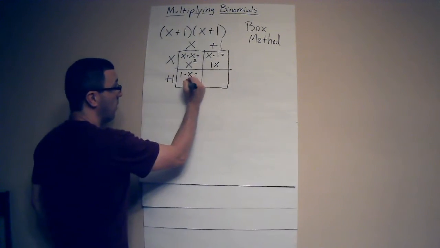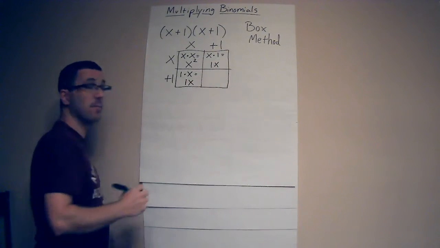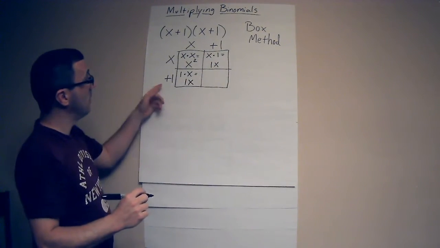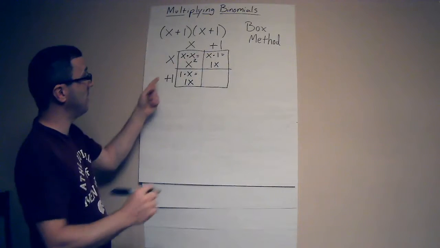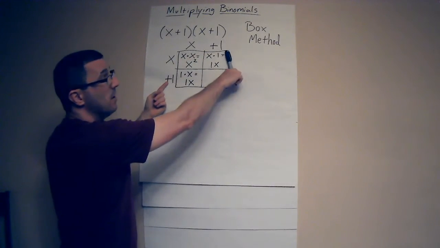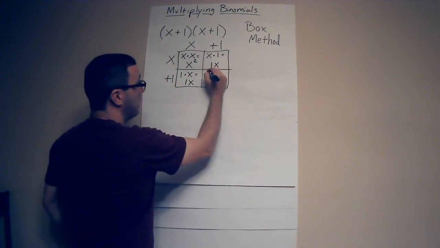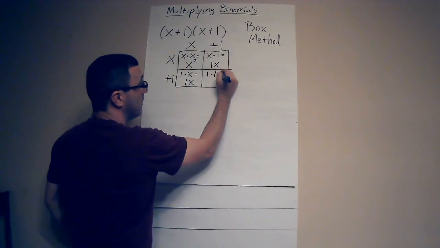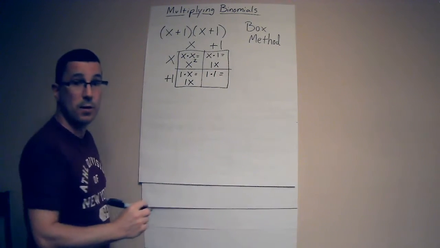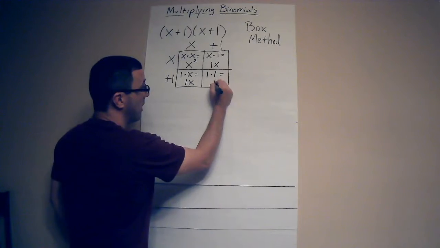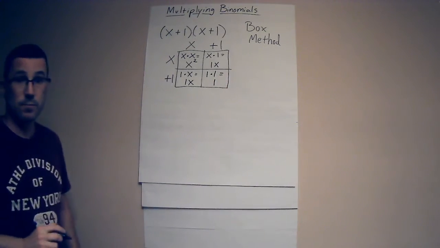So 1x. Okay? Then I go to this last box here, and I have a plus 1 times a plus 1. So I have a positive 1 times a positive 1, which is going to be a positive 1.